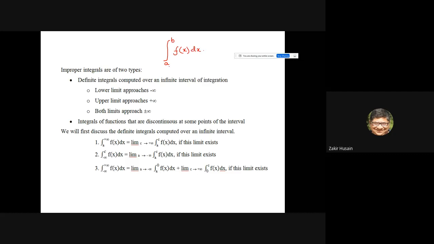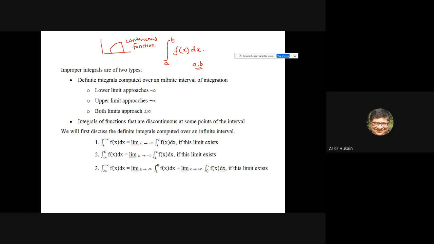Now, two things: both A and B are very specific numbers, and secondly, within this range the function is continuous. Improper integral occurs when either of the two assumptions or conditions is violated.